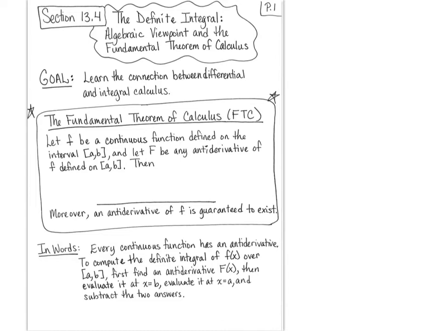The integral evaluated from a to b of f of x dx is equal to capital F of b, which is your antiderivative evaluated at b, minus capital F of a. Moreover, an antiderivative of little f is guaranteed to exist.